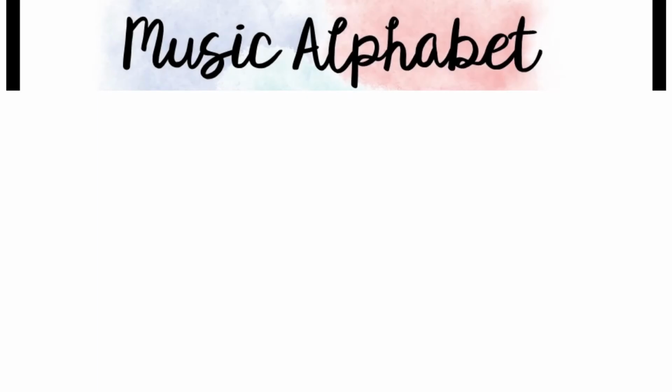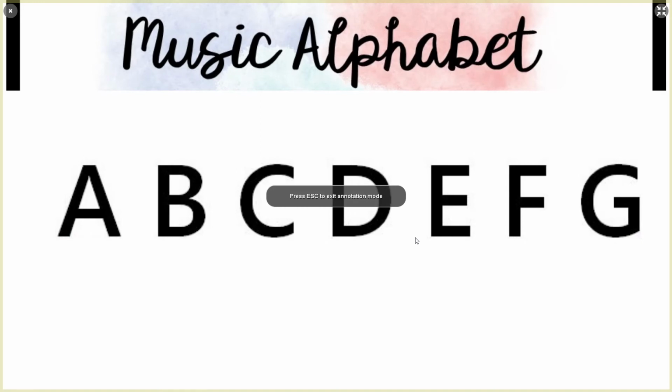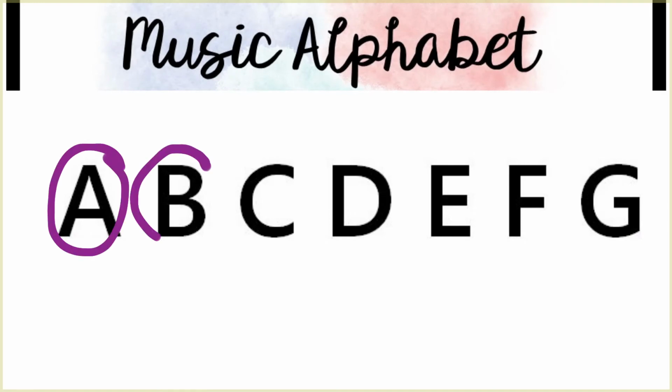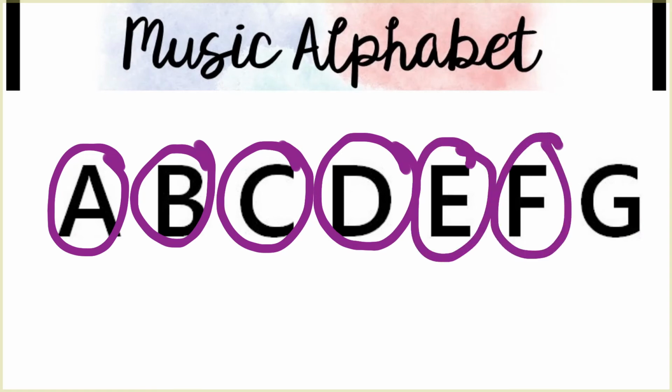The musical alphabet only has those 7 letters. So let's go through them real quickly. Here we go. So we have A, B, C, D, E, F, G. That's it. That's all we have. We have nothing more. We have nothing less.